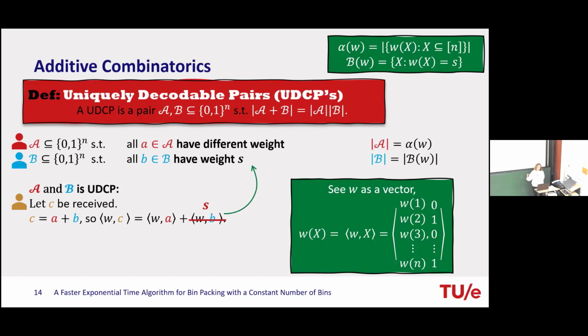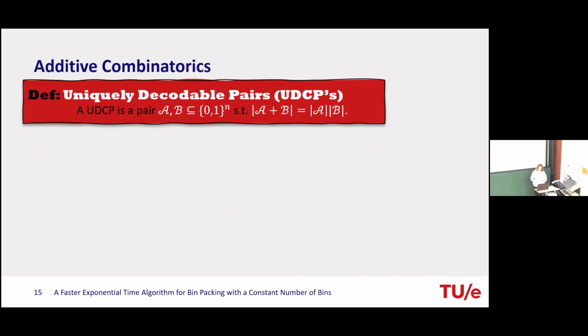And everything in A had its own different weight, so we know exactly what message A was sent. So now we know A, and then we can do some very high mathematics, we can also find out what B is by just subtracting, C minus A. Okay, so I hope you agree that A and B is a UDCP.